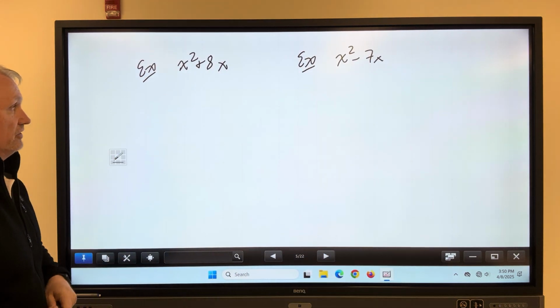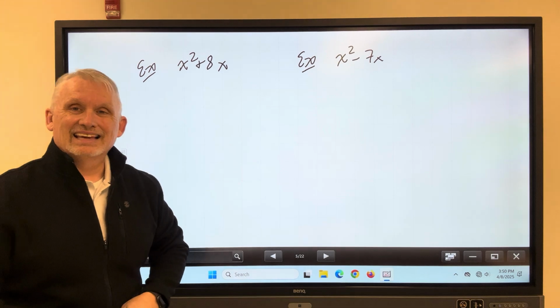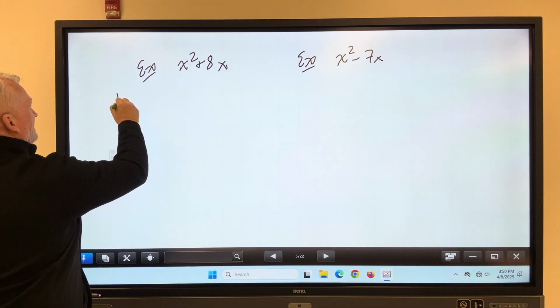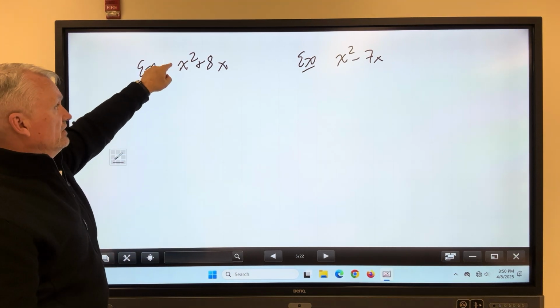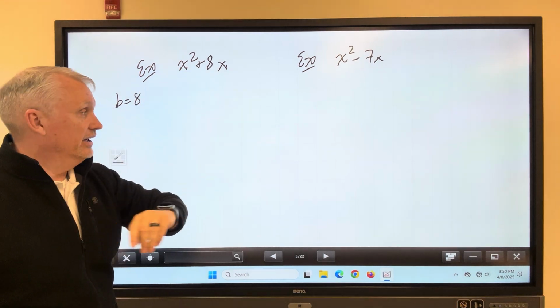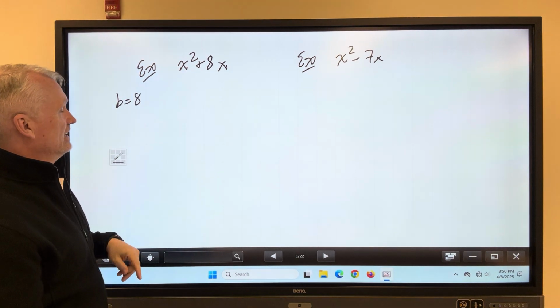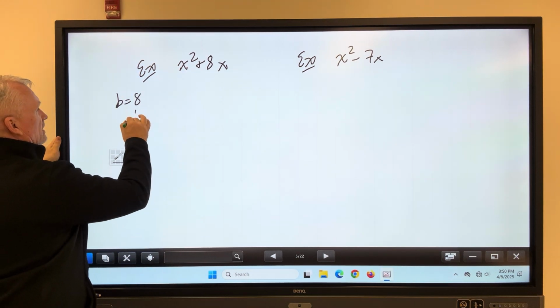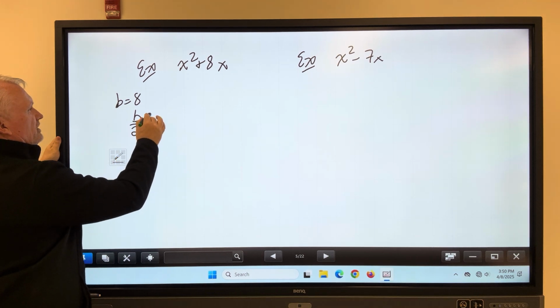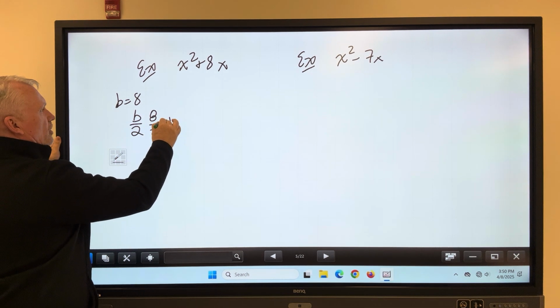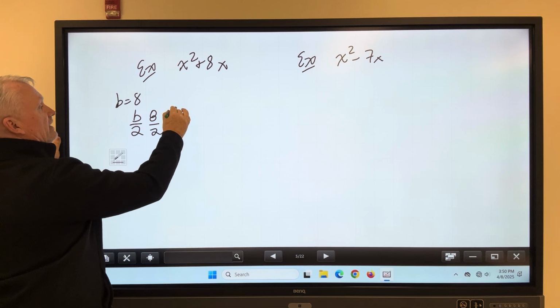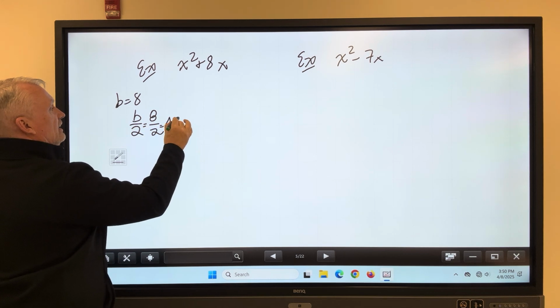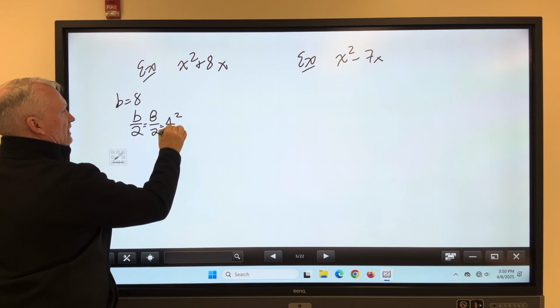So if I look at this, what is b? Well, b is 8. First thing is that x squared is 1, so that's good. b is 8, so b over 2 is 8 over 2, which is 4. And I square it, which is 16.